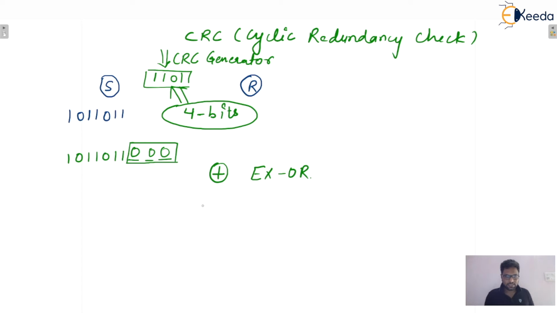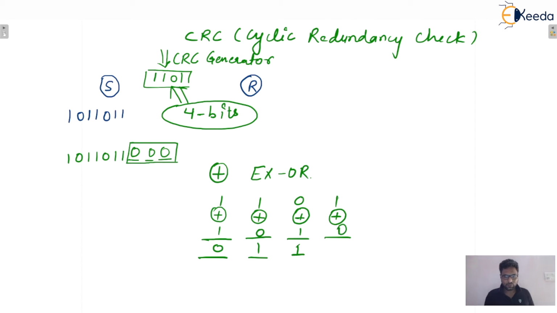So 1 XOR 1 is 0, you have studied this in digital. 1 XOR 0 is 1. 0 XOR 1 is 1. 0 XOR 0 is 0. I hope you know this XOR operation very well, as it will be used in this example.